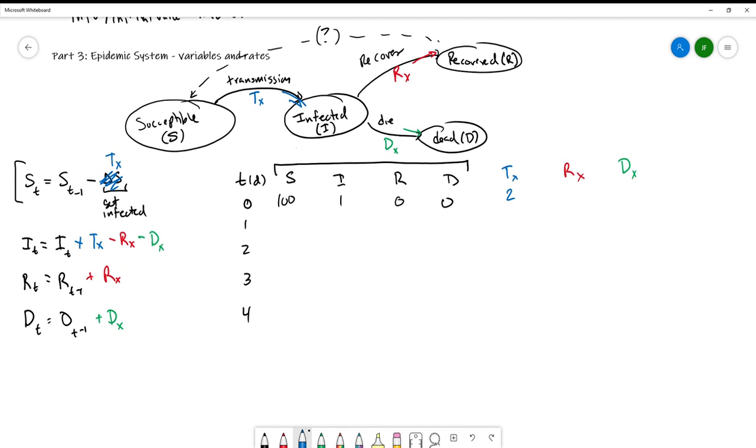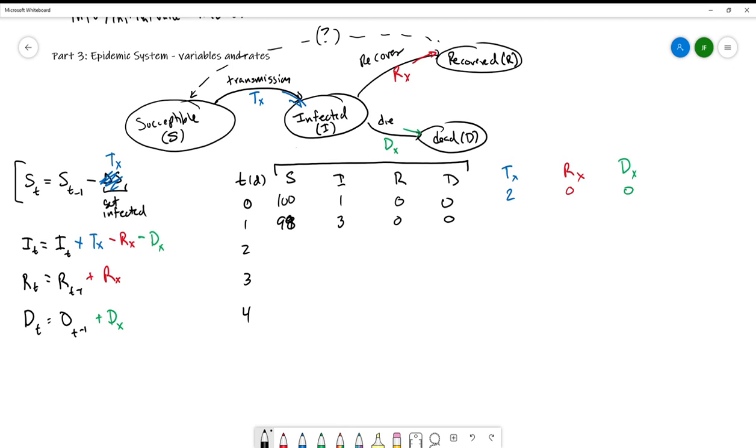Since there are no people in the recovered population, there won't be anybody who recovers, there won't be anybody who dies. But now because the transmission rate is non-zero, the number of susceptible people will go down by 2, so this will become 98. The number of infected people will go up by 2. Nobody recovered, nobody died, so these are both 0.